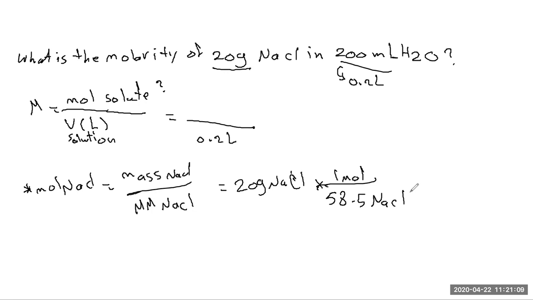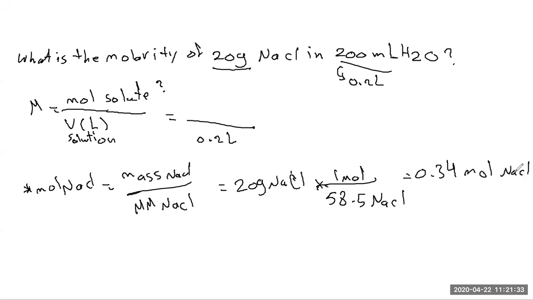Now do the math. So we will have 20 divided by 58.5, and you will get 0.34. So here will be 0.34 mole NaCl.